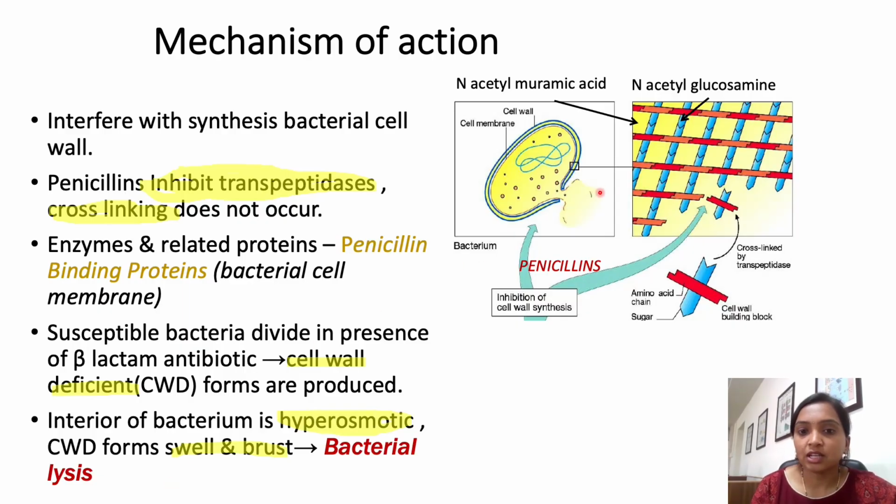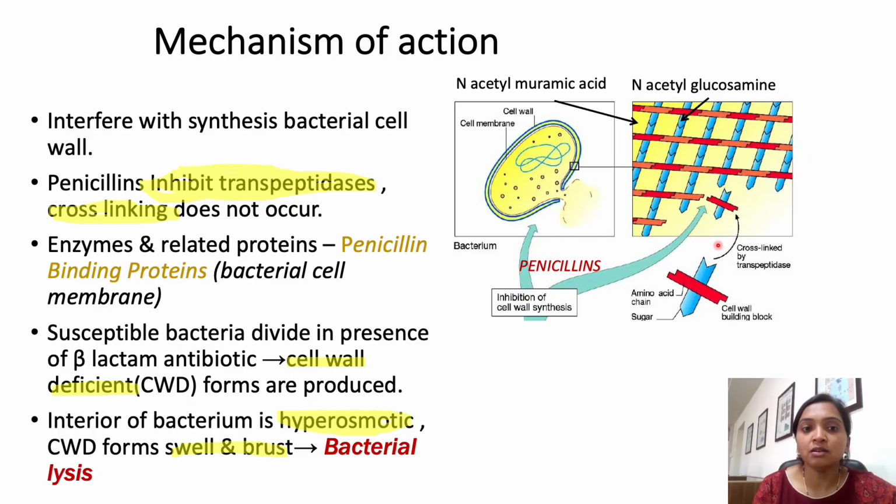So they inhibit the cross bridging done by the transpeptidase enzyme, and the cell wall will become deficient wherever this enzyme acts. Then the water enters the cell and it will burst open.